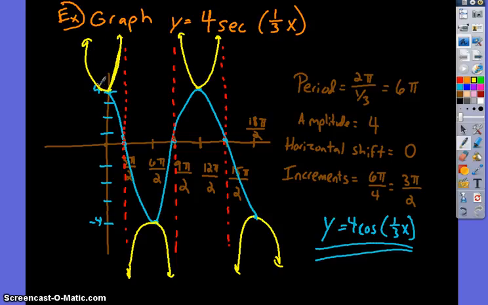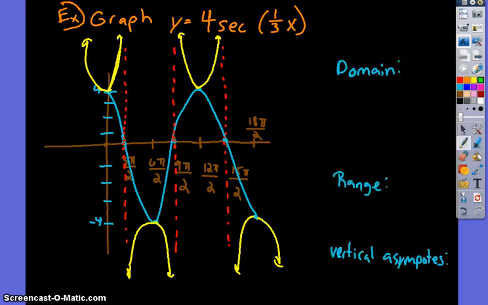And I didn't really talk about the domain and range of all this. So the domain would be pretty much all real numbers except for these values, all these values here where it's undefined. So basically I would say my domain is the set of all numbers such that x cannot equal positive or negative 3 pi over 2.